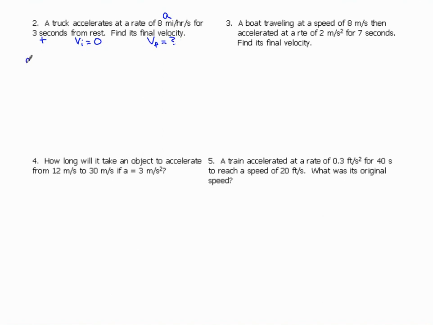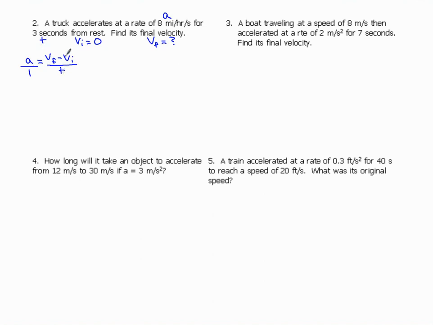So here's what we're going to do. We are going to start with our acceleration formula and solve for final velocity. Probably the easiest way to do this is to put the acceleration over 1, which doesn't change the number, it just puts a number under, and then cross multiply.